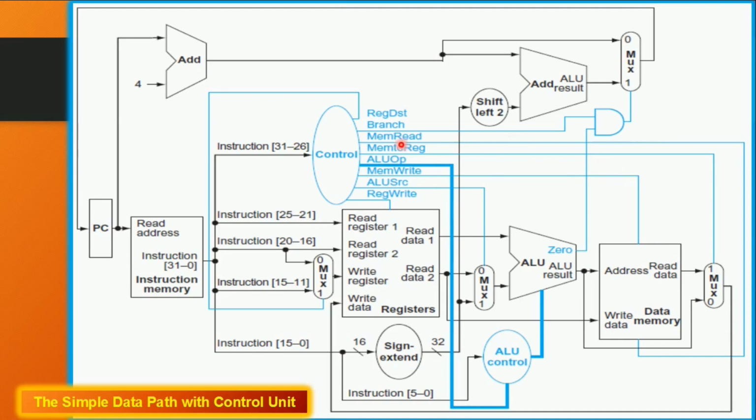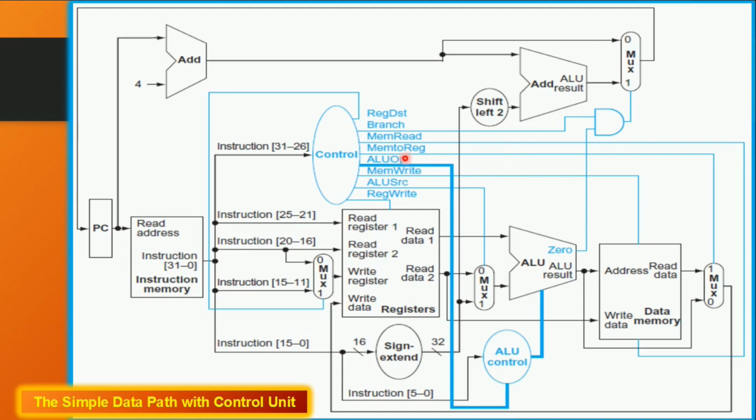Deasserting memory read will not cause any function, and deasserting memory write also won't have any effect. So if I want to read any data from the data memory, I have to assert the memory read signal. If I want to write any data to the data memory, I have to assert the memory write signal.